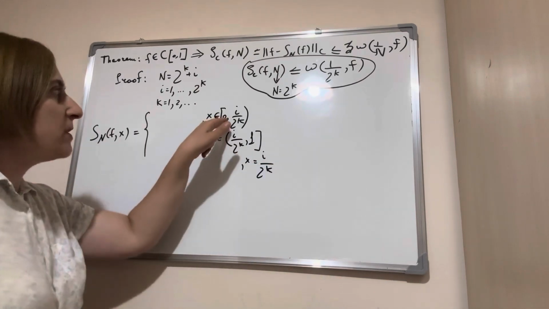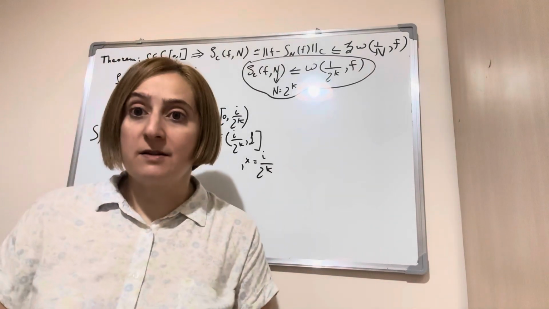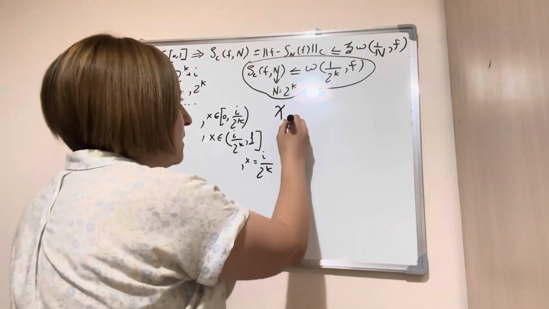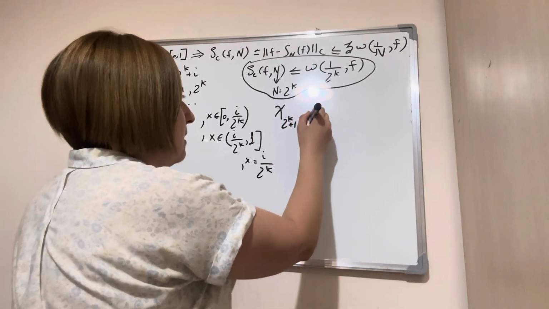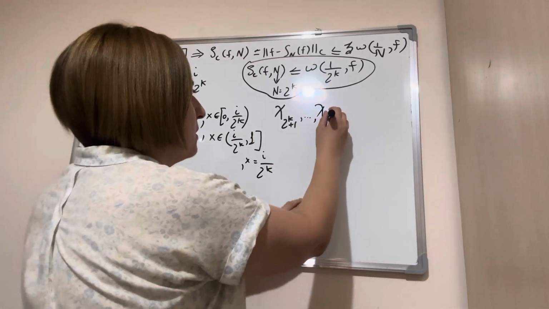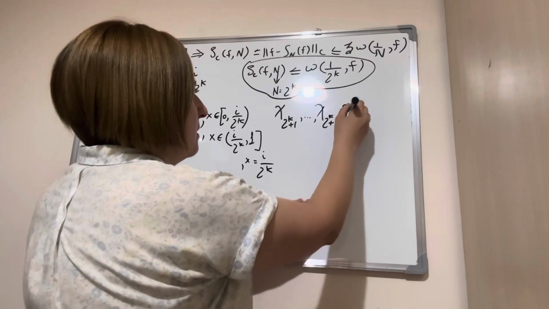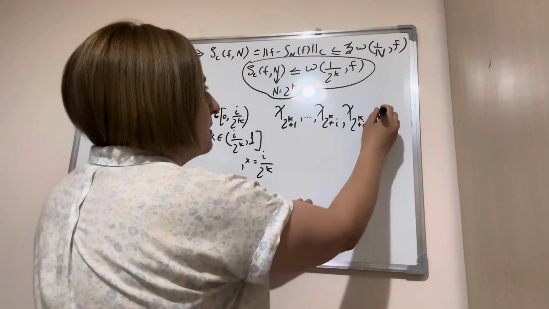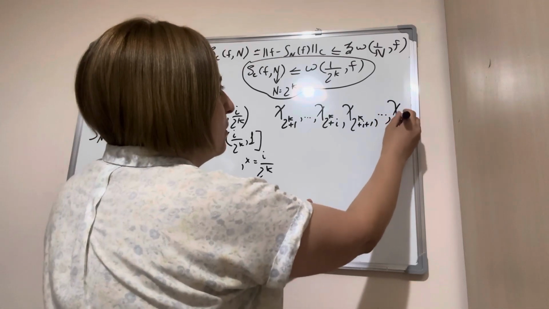So what is this point i over 2^k? Let's discuss the following Haar functions: chi_{2^k+1}, then chi_{2^k+i}, the next one chi_{2^k+i+1}, and the last one chi_{2^{k+1}}.